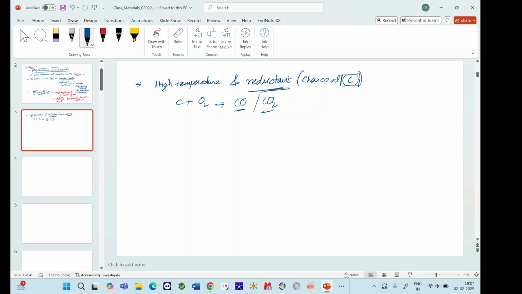If you take carbon monoxide, all these processes, your metal can also form metal oxides. All these processes have an energy requirement.